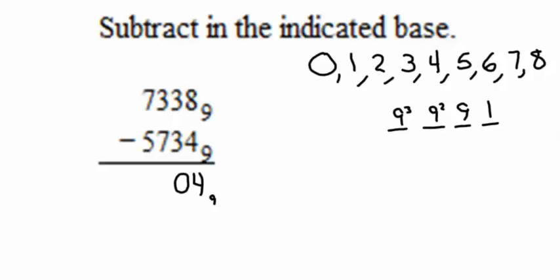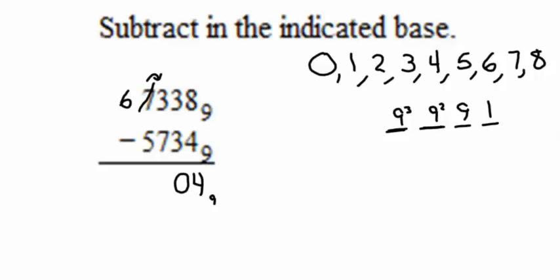But unlike borrowing in base 10, when we borrow in base 9, we regroup a block or a group of 9 units. So we're going to take the 7 and we're going to make it a 6. But since the place values to the left are 9 times the place values to the immediate right, when we go from 7 to 6 and we regroup over, we don't regroup a group of 10, we regroup a group of 9.